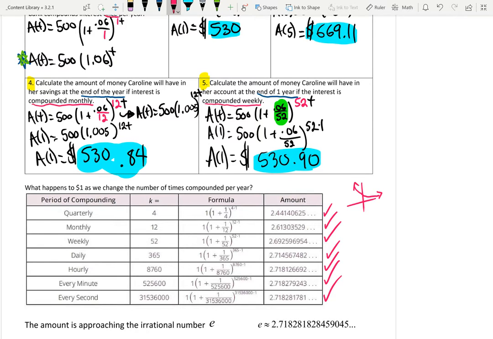It seems that with this formula, we've discovered an irrational number, E. The reason it's called E is because the irrational number came from exponents. Now, this is the second irrational number you should have encountered, the first one being pi. And essentially what it's saying is that if we are compounding it enough, it doesn't really matter.